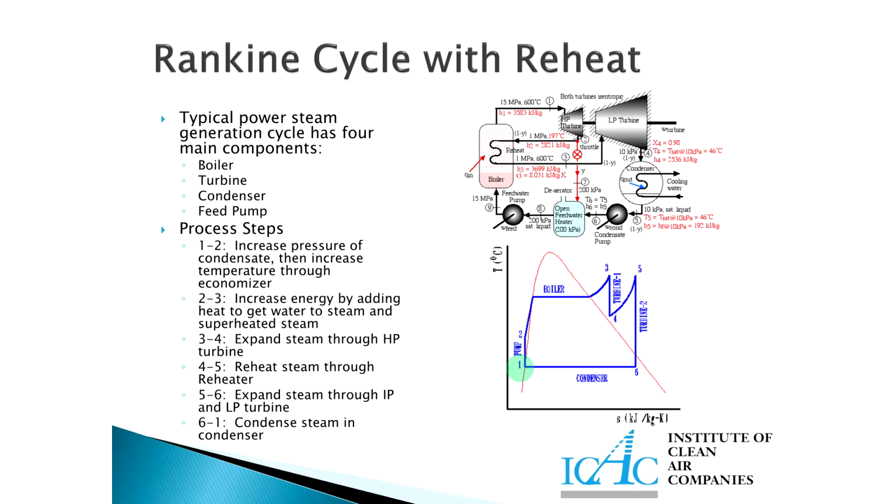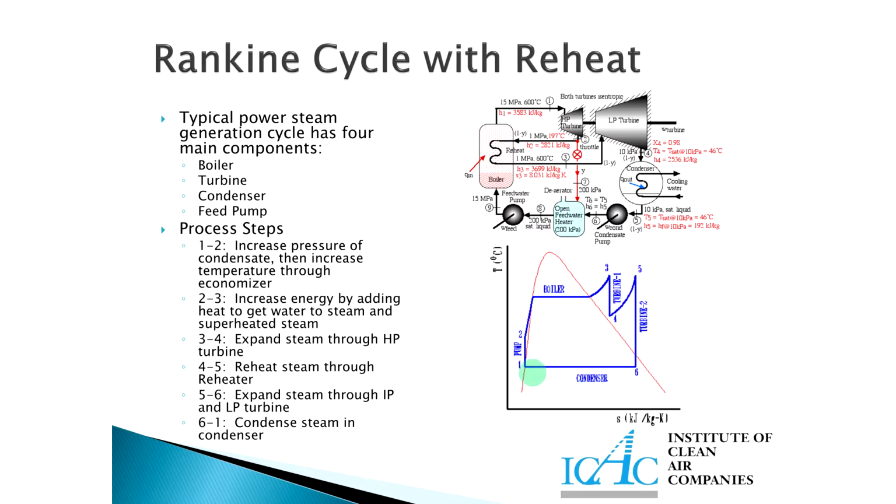Then from step 2 on, you take that water and you boil it, then you superheat it, taking all the water out of the steam, and then you send it into the turbine, which happens between steps 3 and 4. The steam expands in the turbine, and then you send it back into the boiler, you reheat it, send it into the turbine again, and it expands, and then you condense it out and start the cycle all over again.